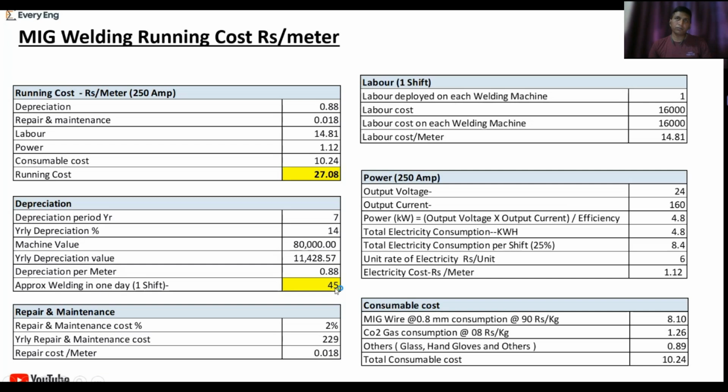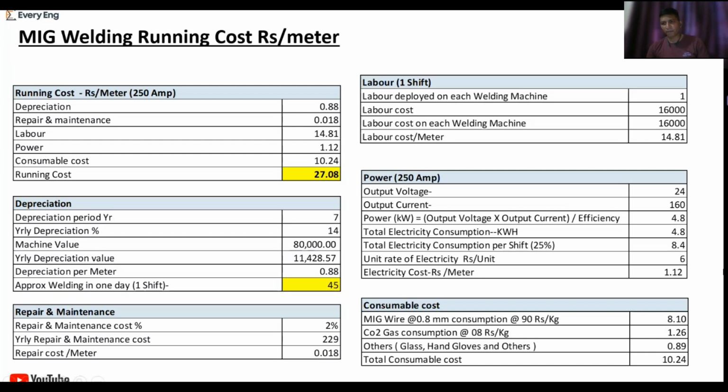So we try to improve our plant productivity, how to improve our welder efficiency, our operator efficiency. Welder cost is of course high because more skill is required for welding. In the last slide we considered 12,000; in this one we consider 16,000.